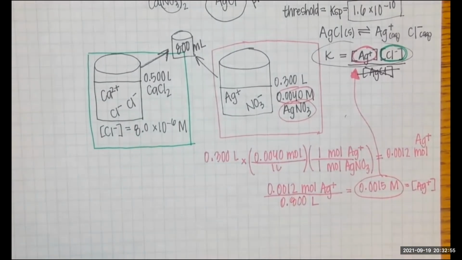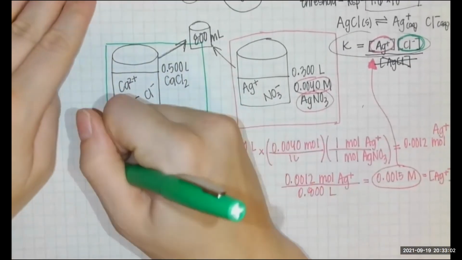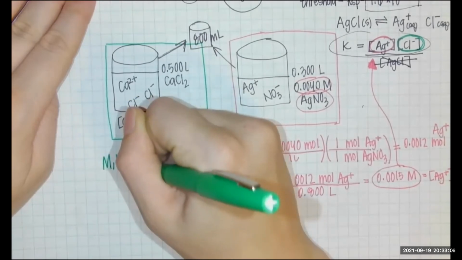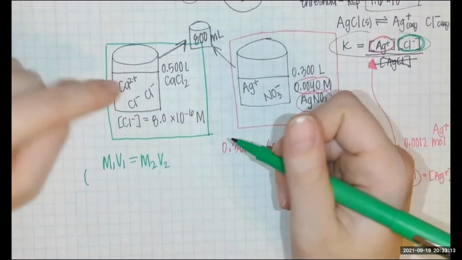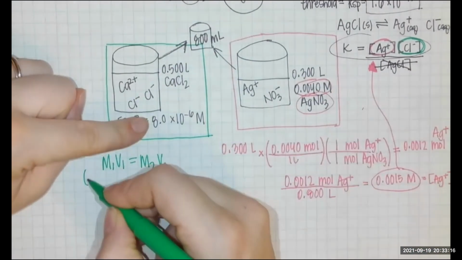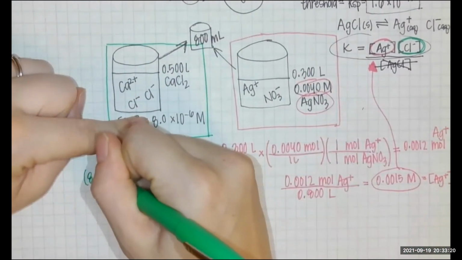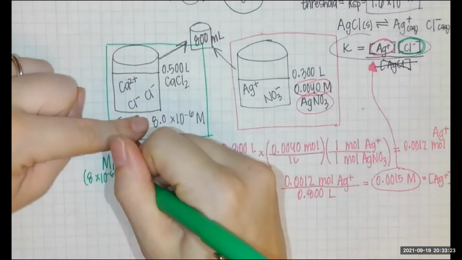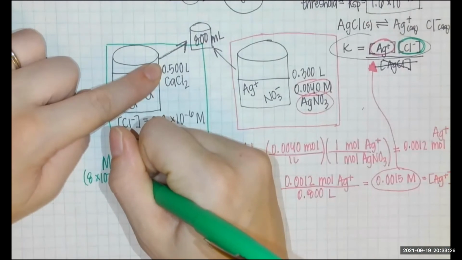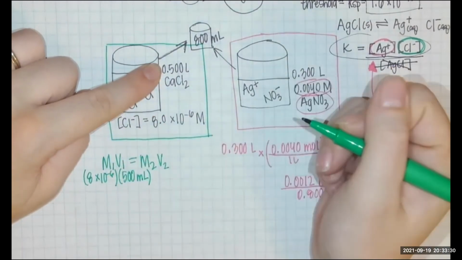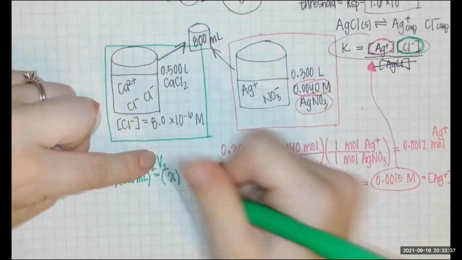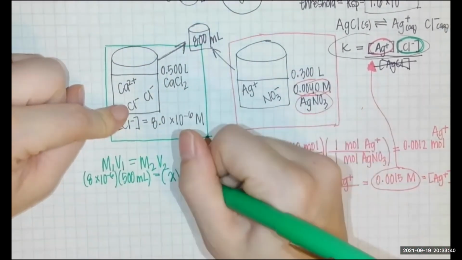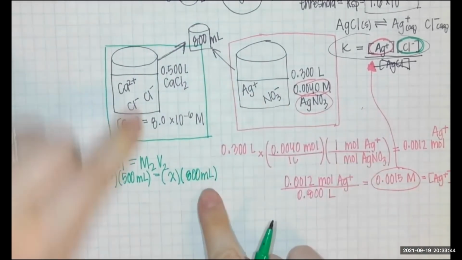If the concentration of the chlorine before was 8 times 10 to the negative 6 molarity when the volume was 500 milliliters, what is the concentration when the volume has now changed to 800 milliliters?